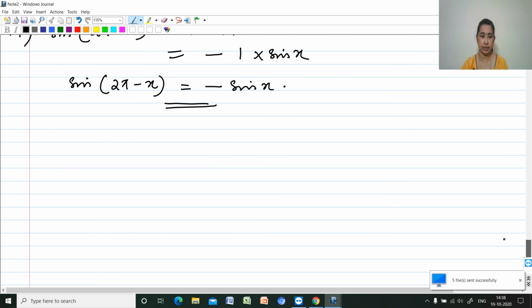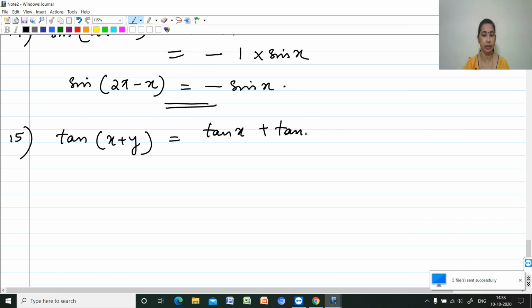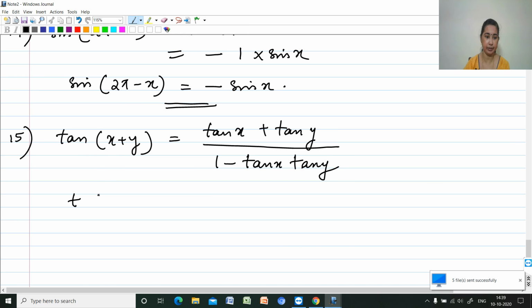Now next one is tan of x plus y. Tan of x plus y is equal to tan x plus tan y divided by 1 minus tan x into tan y. We have to prove this identity.